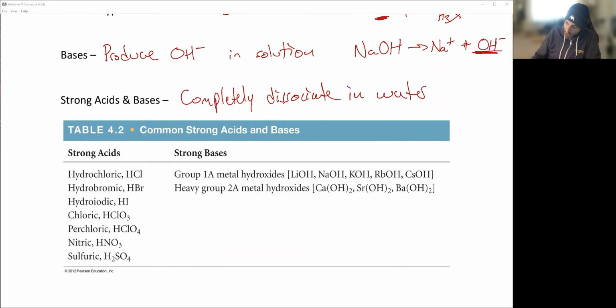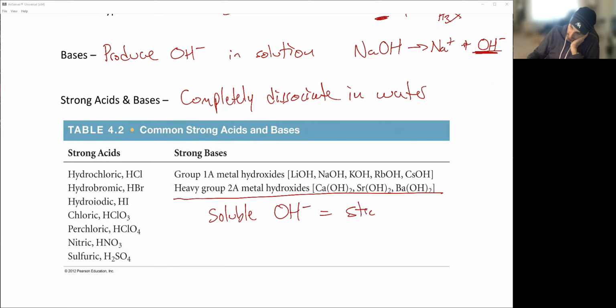There are 2 lists here. The acid list is the one that you're going to have to know. So here are the strong bases. Instead of looking at this list, just recognize that the soluble hydroxides equal strong bases.